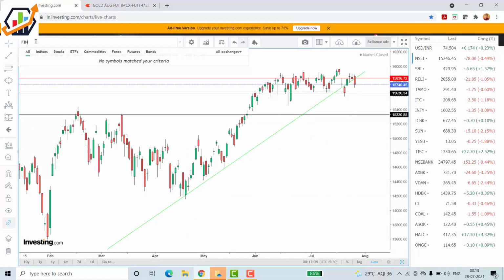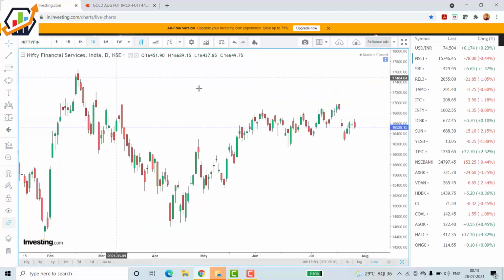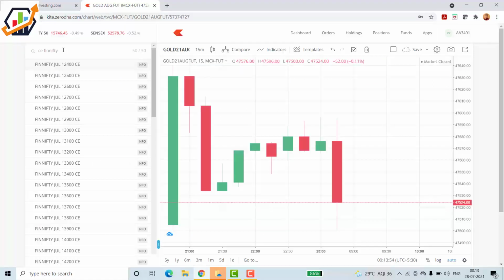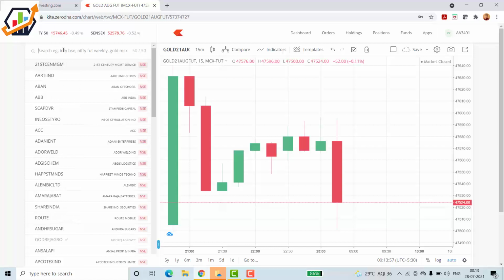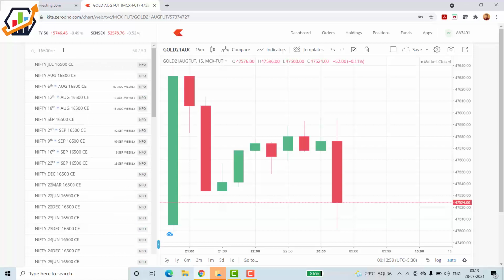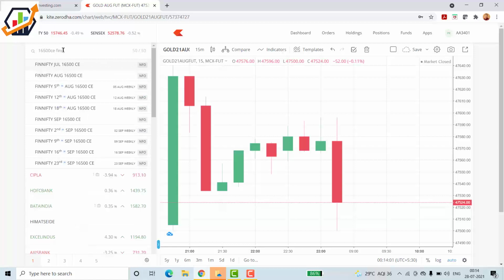Nifty Financial Services is at 16,500, and let's say I want to take a 16,500 call. So I can say 16,500 CE Fin Nifty. Okay, can you see?